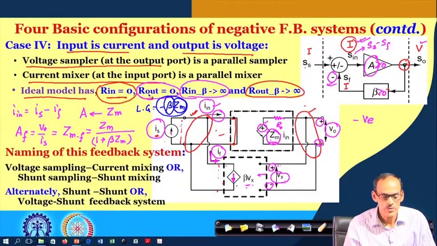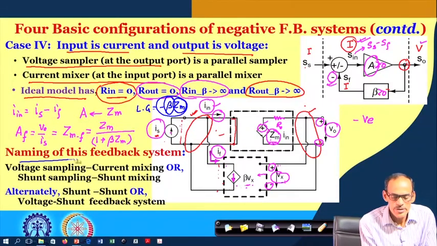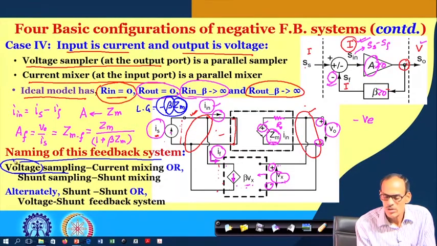And coming to the naming convention of this feedback system, the sampling is happening in the form of voltage, or we are sampling voltage at the output port, and then we are mixing the signal in the form of current.